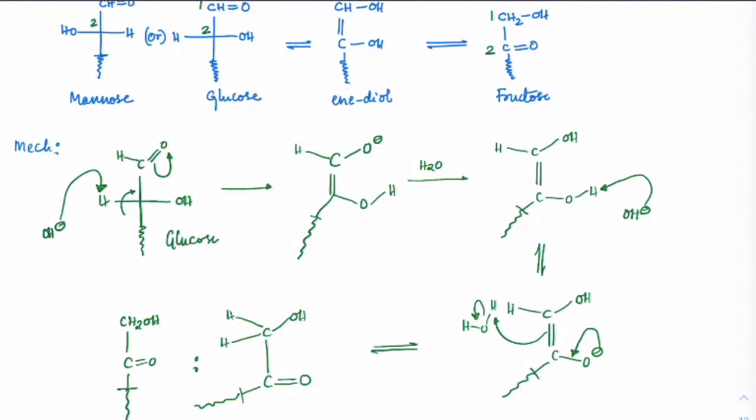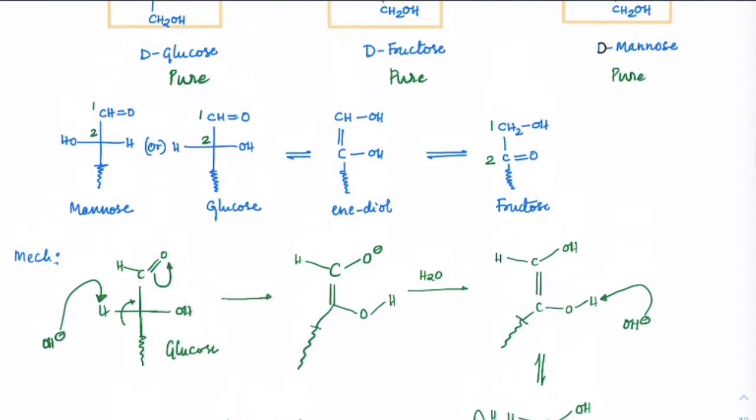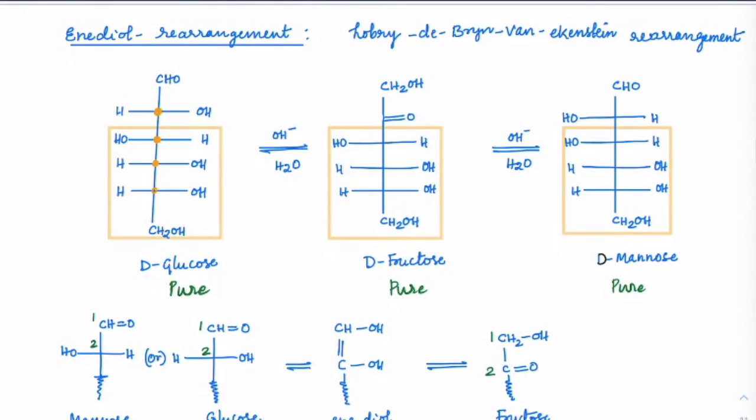That means it can go to mannose also, it can go to glucose also. So it's a very important thing to understand that in basic medium, any pure form will convert into their respective forms, that is glucose changes to fructose, fructose to mannose and vice versa.